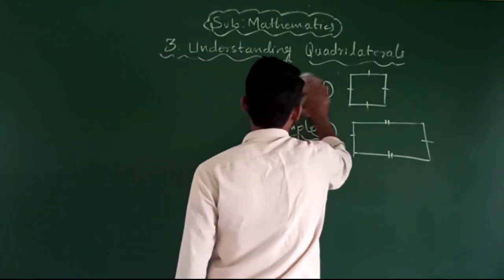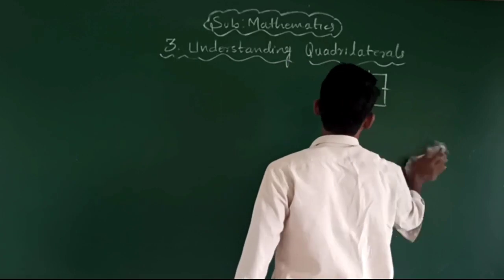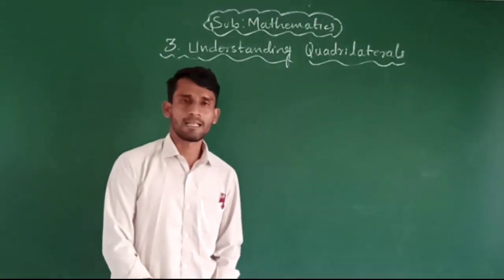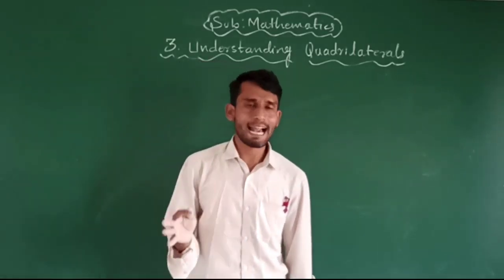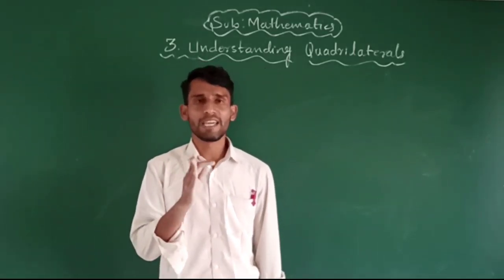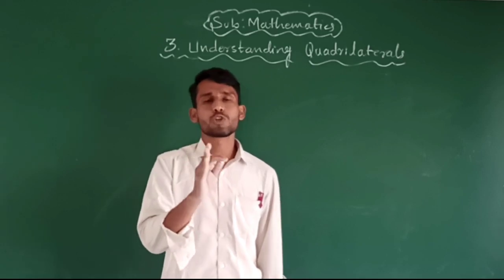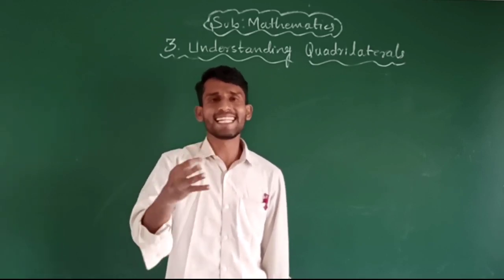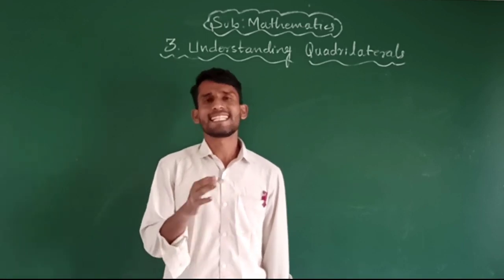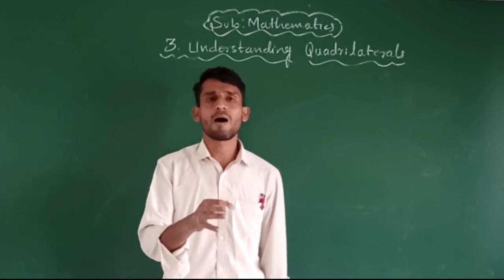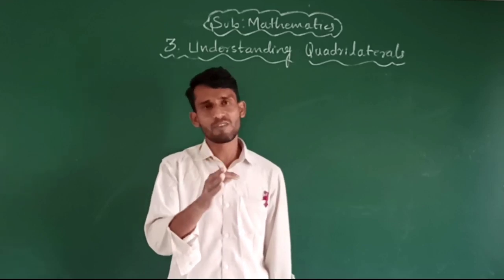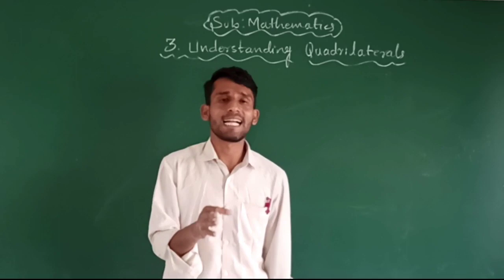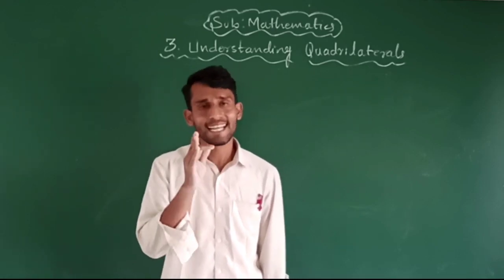Dear friend, for a triangle, the total sum of the interior angles is 180 degrees. If it is a quadrilateral, the total sum of the interior angles is 360 degrees. If you have a square, the total sum of interior angles is 360 degrees.